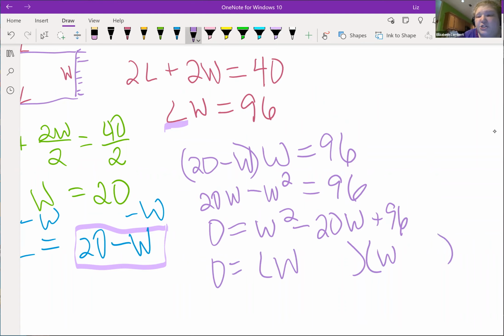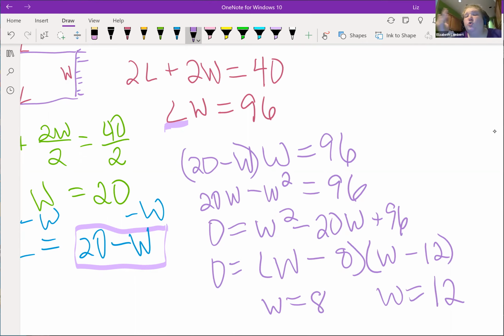I literally just arrived at this answer by running through numbers that added to 20. It is indeed 8 times 12. To get them to add to a negative 20, I have to make both of them negative, which works out, because then when I set those equal to 0, I get a positive 8 and a positive 12. Two different widths.